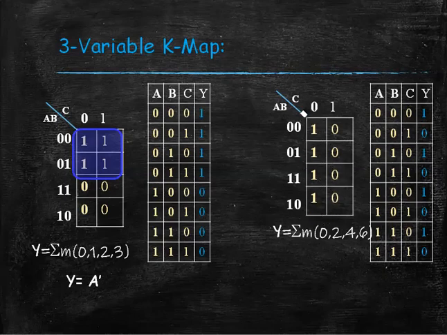Here we can group these ones as a vertical quad. As it is in the vertical direction, when we move vertically downward, only one quantity remains unchanged. Which quantity is it? It is C bar. Then the result is y equals C bar.